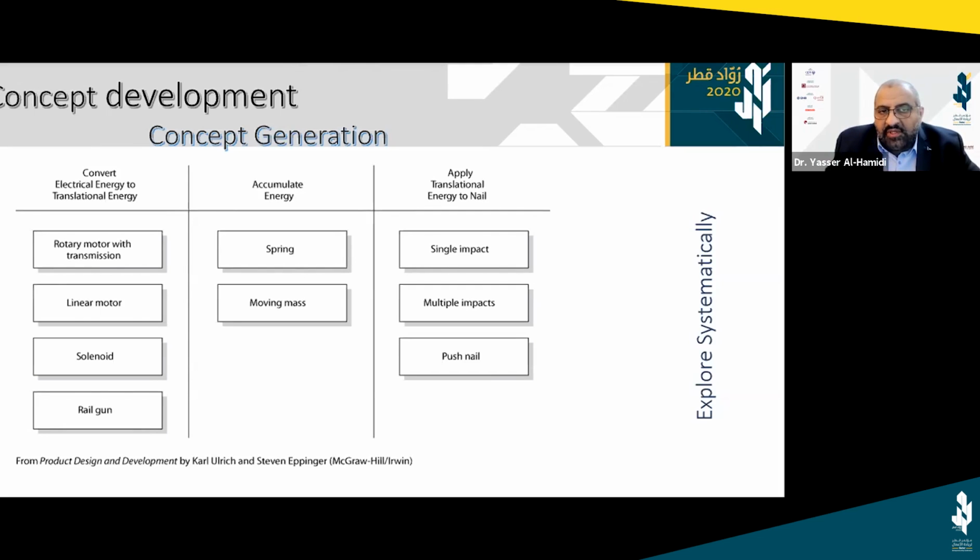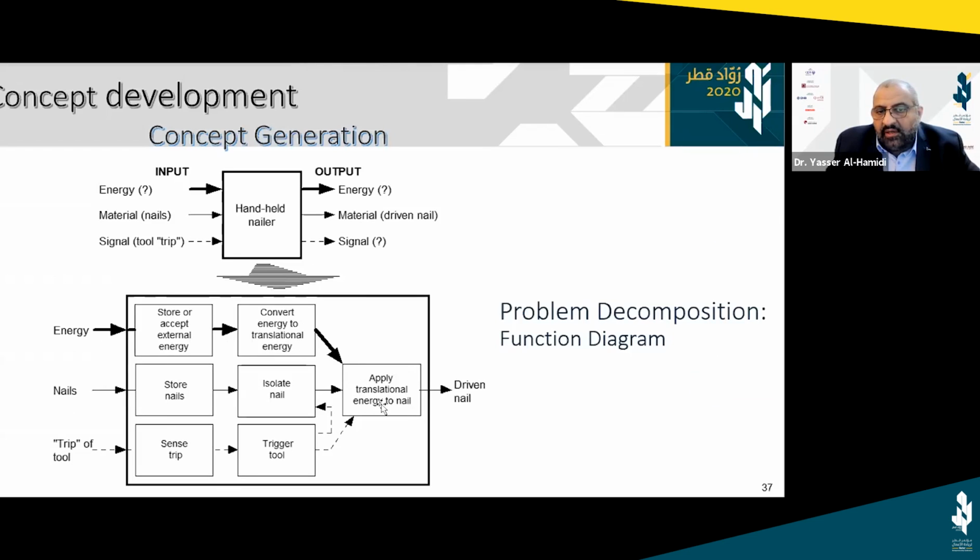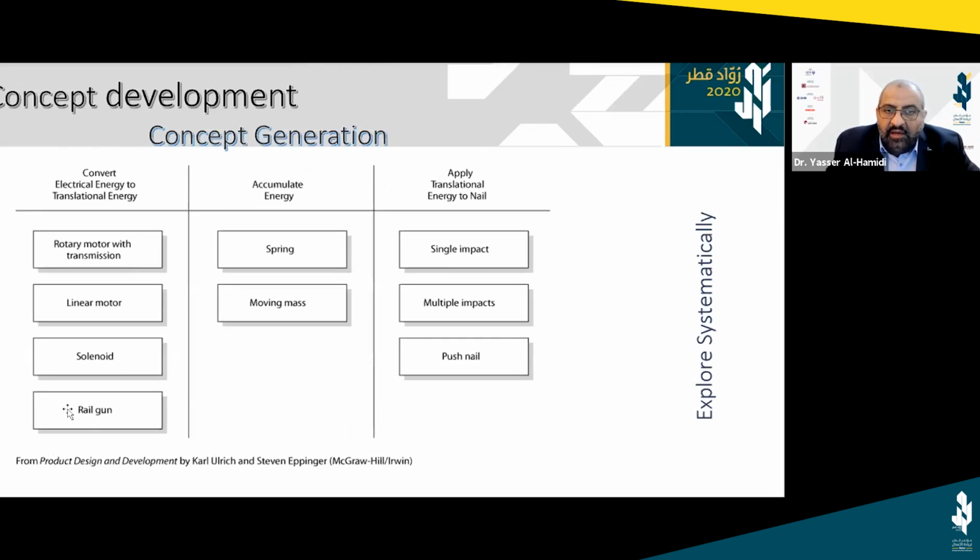One example here, if you go through this nailer, you see this one here. This is one of the sub-problems for the nailer device. For each of these sub-problems, like convert energy to translational energy, accumulate energy, or apply this energy to nail, you can come up with really different concepts.